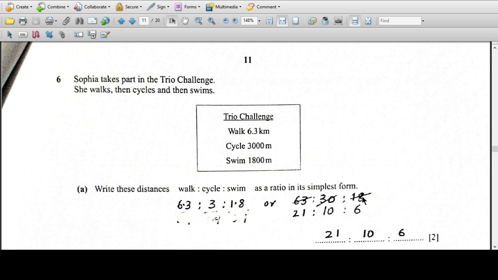After that we divide by 3, so it becomes 21, 10 and 6, and this is the simplest form we have obtained. So the ratio is walk, cycle and swim.